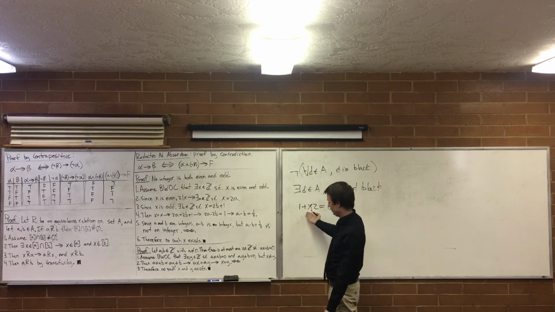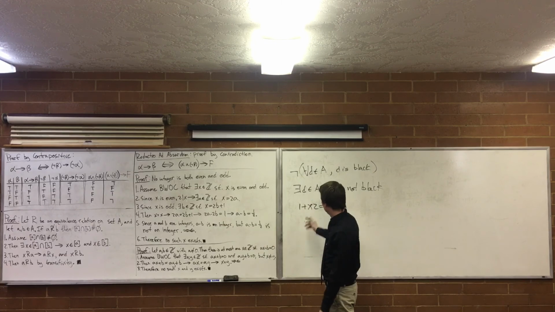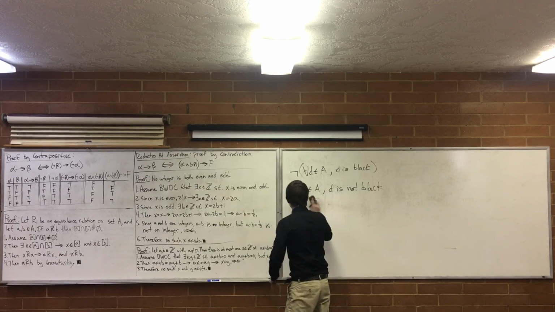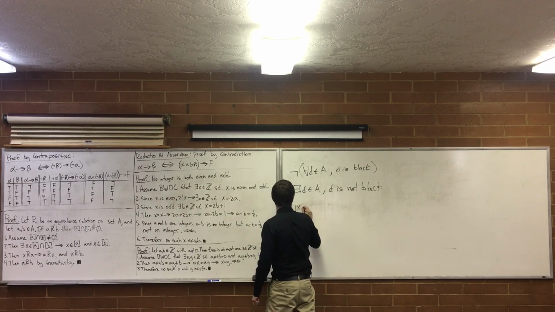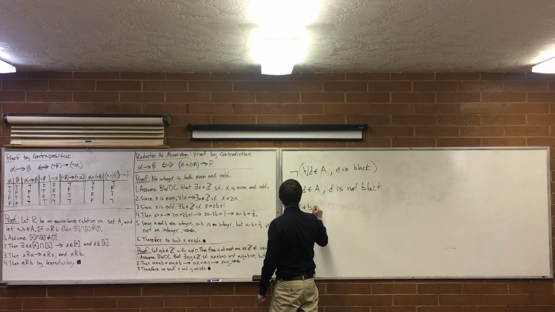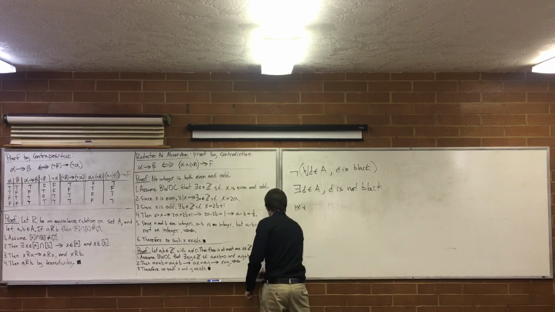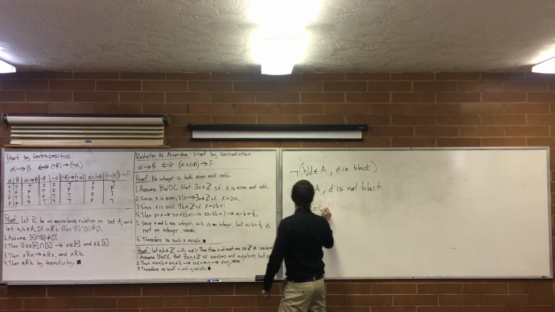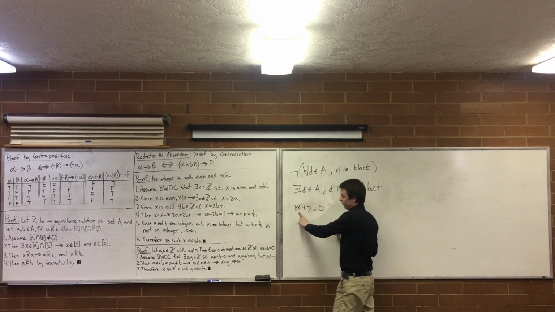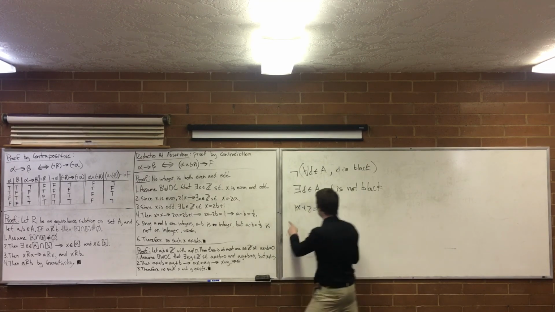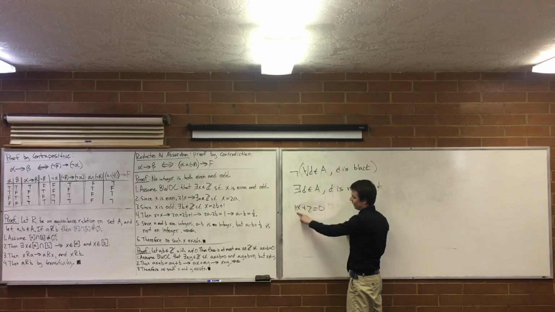Did I write it the same way or did I write it different? It's fine, as long as x is an integer. Ax plus b, 1x plus 2. So when this is your A and B, there is no x. But if you happen to pick, in this case it is true. Negative 2 is the x that makes it work.